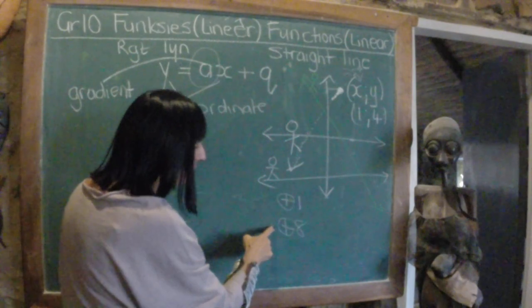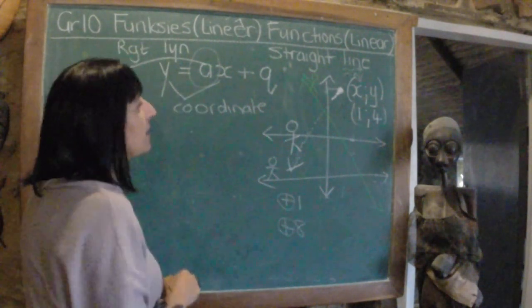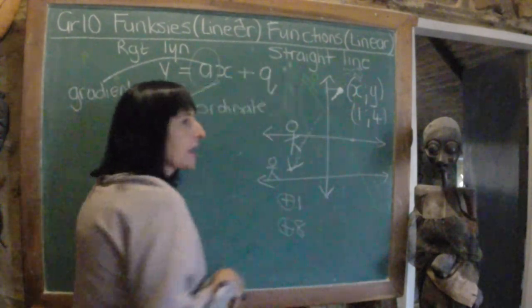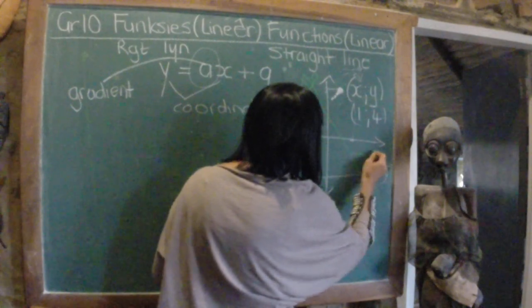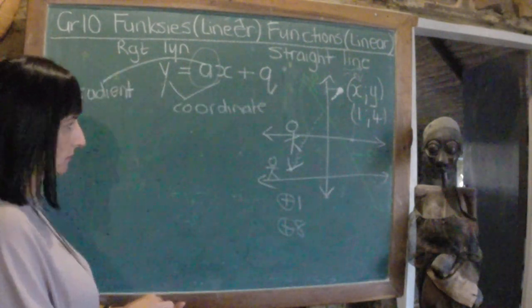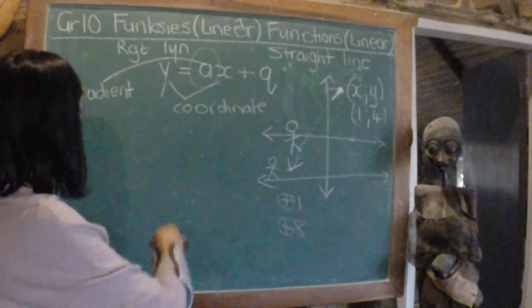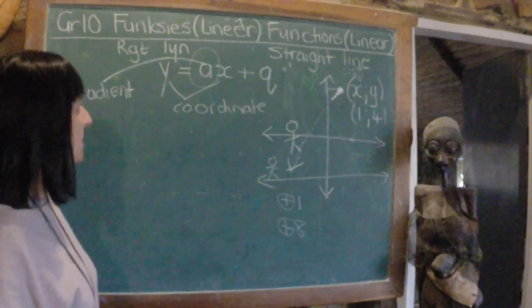So, wanneer ons oploop, is ons gradient plus, en wanneer ons afgly, is ons gradient minus. So die gradient vir hierdie ouetjie sal wees -8, want ons gaan afdraande. So 'n plus sê opdraande, 'n minus tells us we're going downwards.